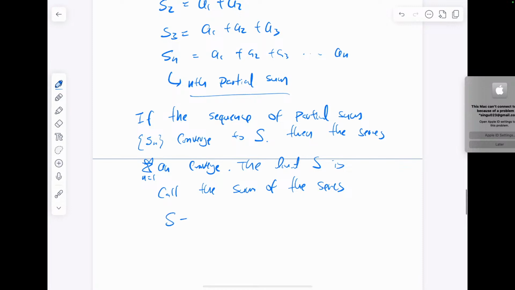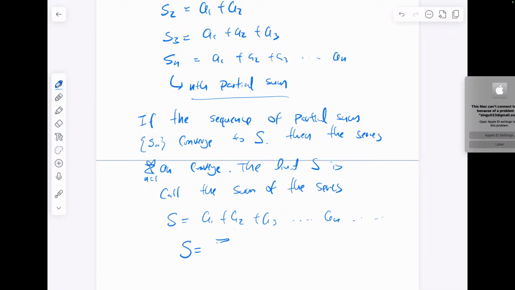So S is equal to a1 plus a2 plus a3 dot dot dot a_n dot dot dot to infinitely long terms. S is the sum of the whole series. So S is equal to the summation of n equal to 1 to infinity of a_n. Is that okay?